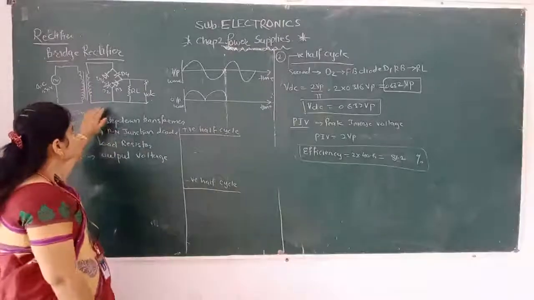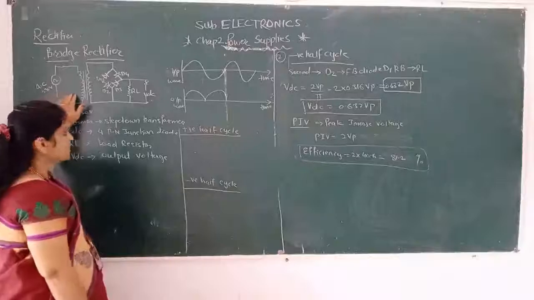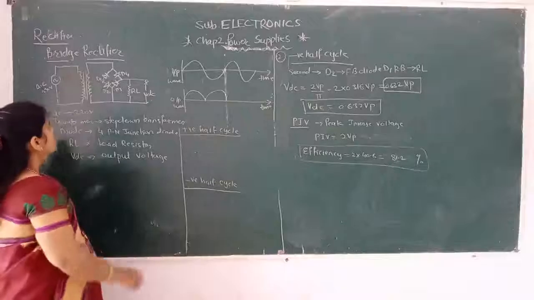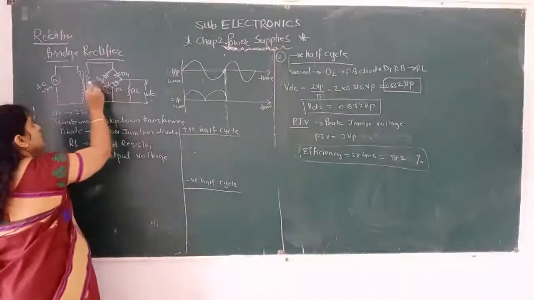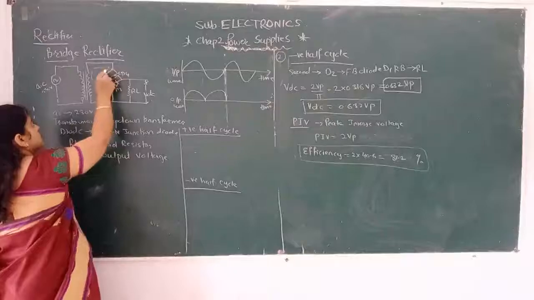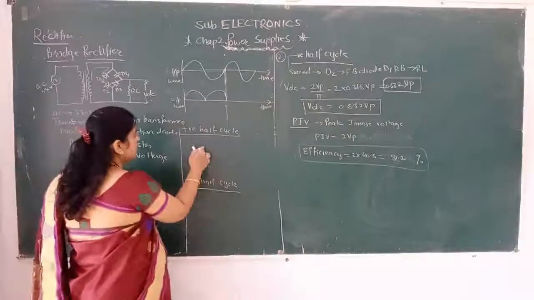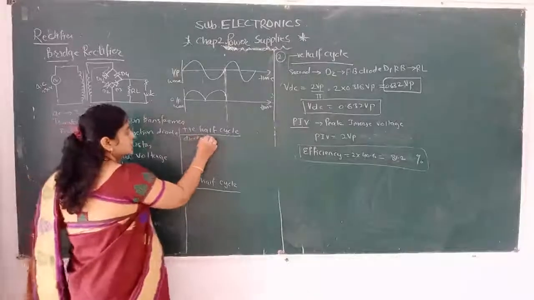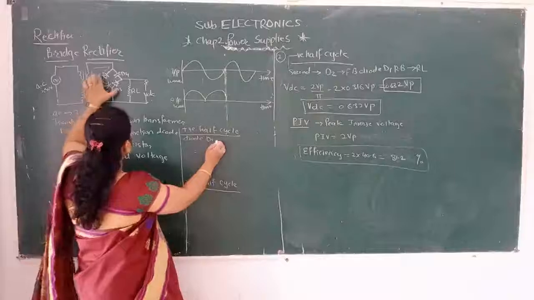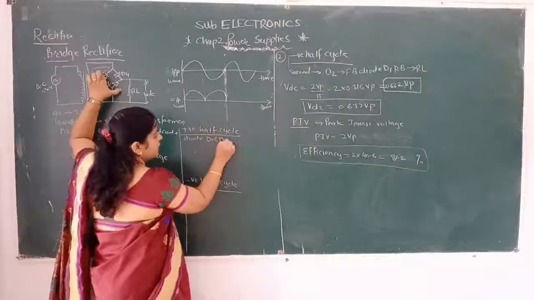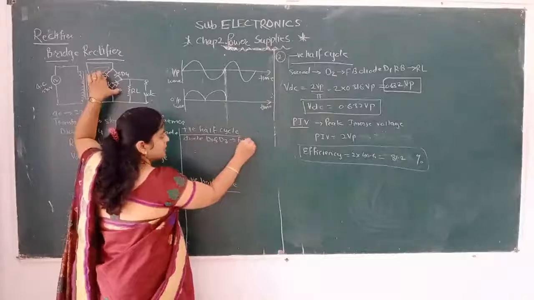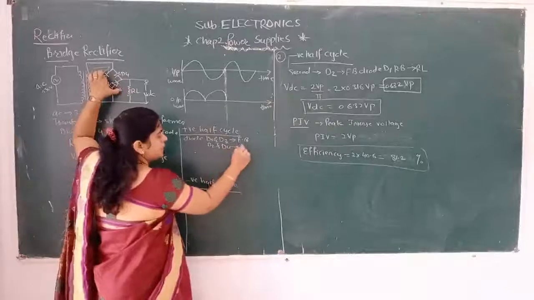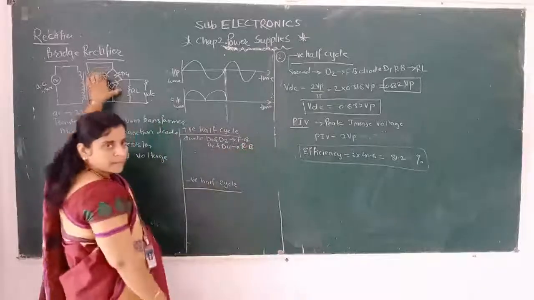I will write it here. If AC is given to this step down transformer, it gives the output current here. Current will flow in this direction; I will write the current direction here. In the positive half cycle, diodes D1 and D3 will be forward biased and D2 and D4 will be reverse biased.